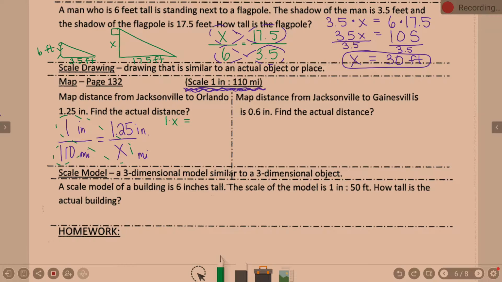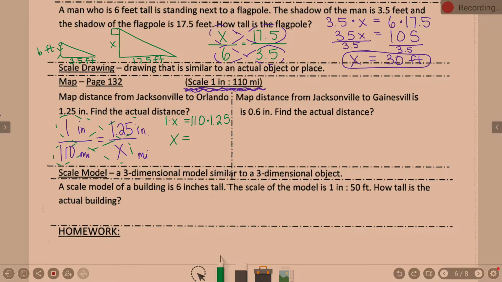The other piece, 110 times 1.25. What is 1 times x? 1x, or in other words, just x.